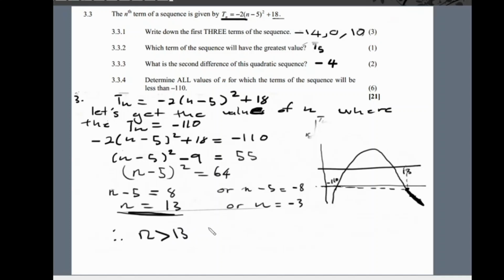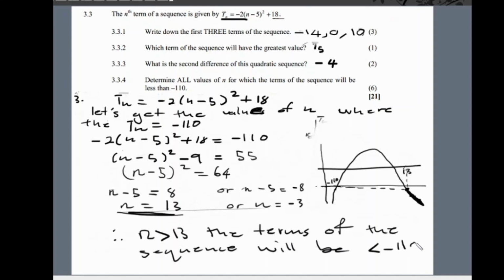So therefore, when n is greater than 13, the terms of the sequence will be less than minus 110, because when you go to the right of 13, when you say 14, 15, 16 and so forth, you see that the values of the terms after 13 will be less than minus 110, right?